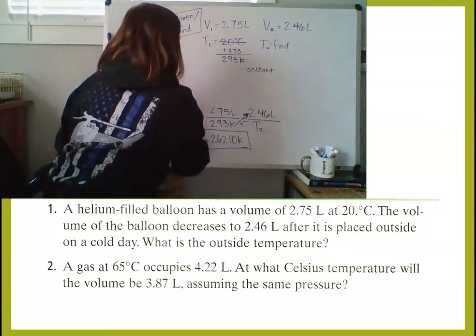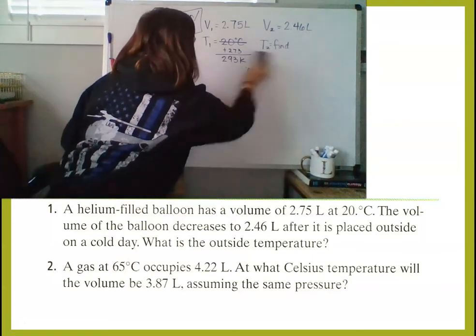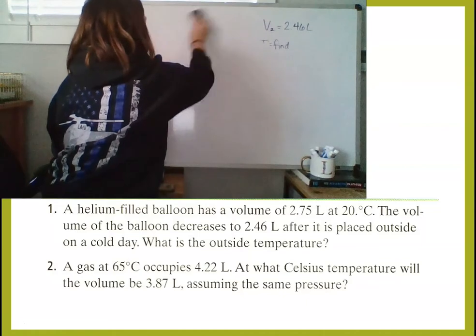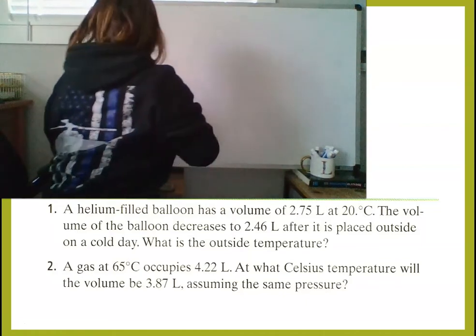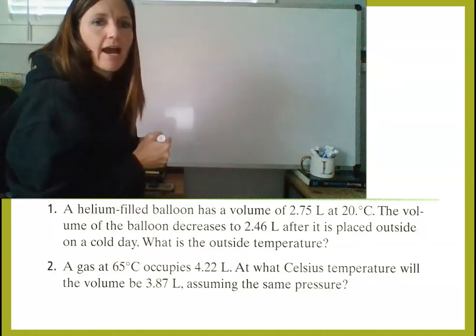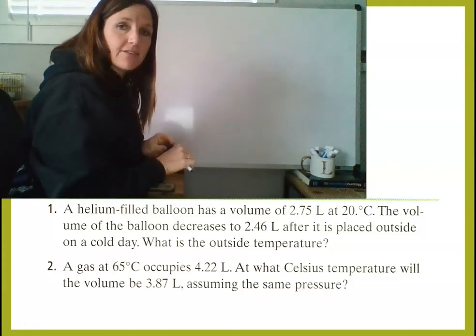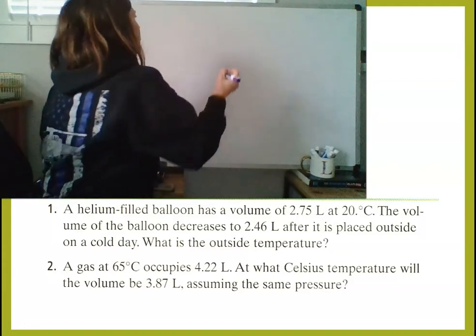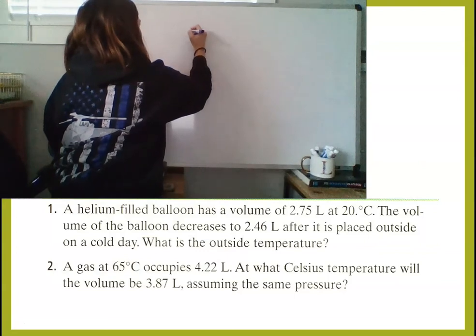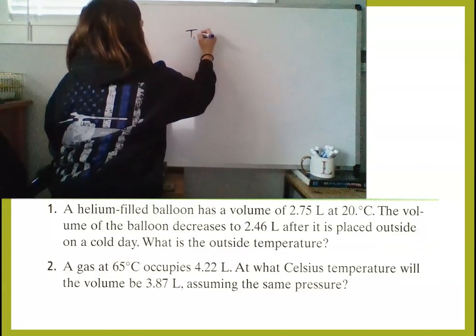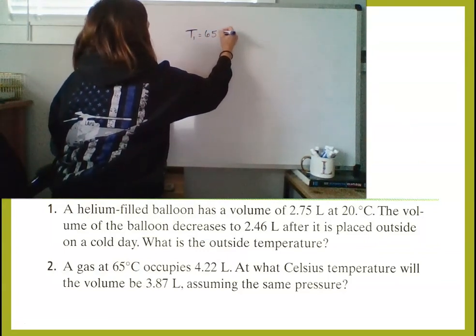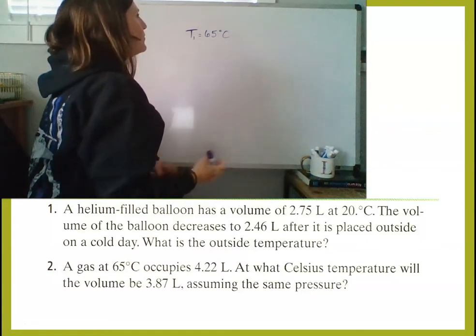All right, so for the next problem, we're going to have a gas at 65 degrees Celsius. 65 degrees Celsius is a temperature 1. I don't even want to leave it there.